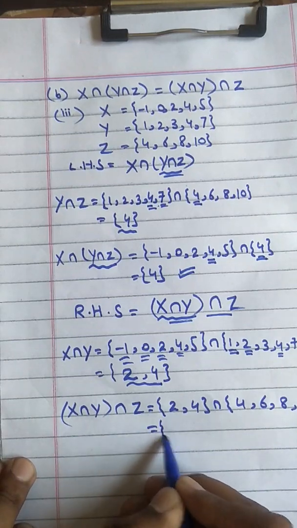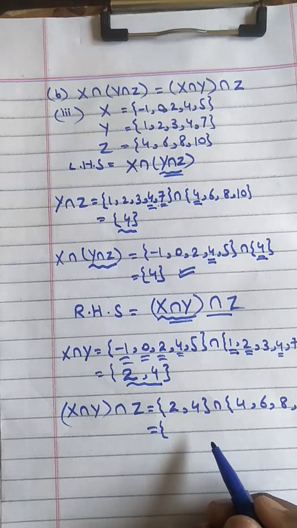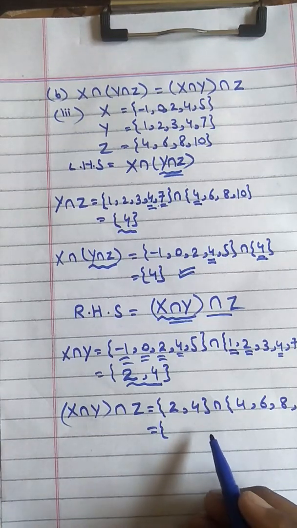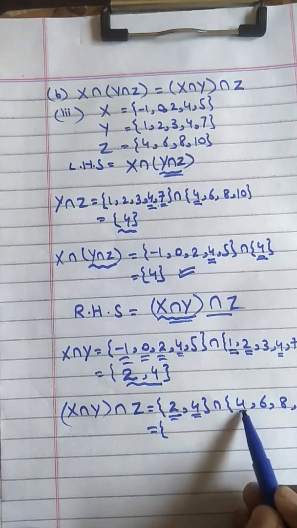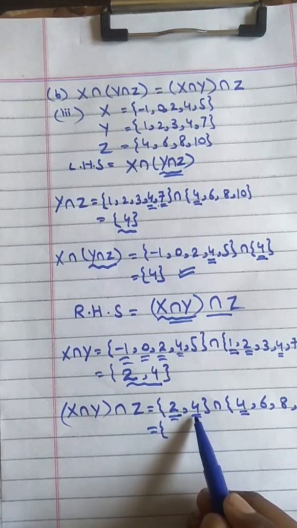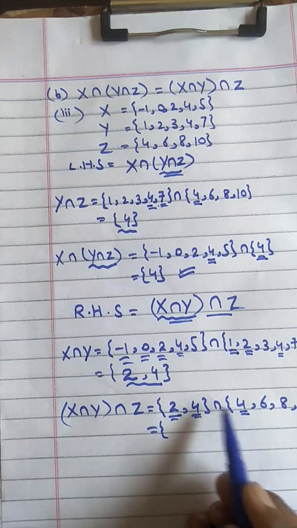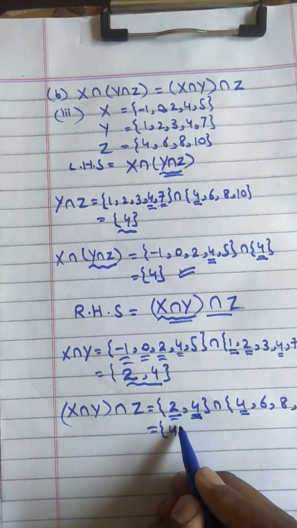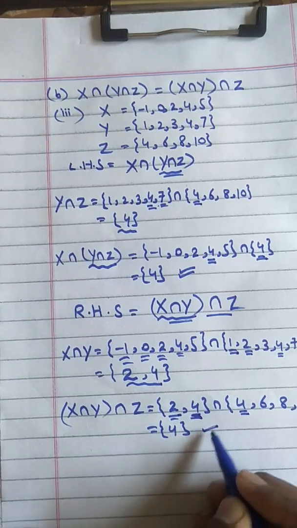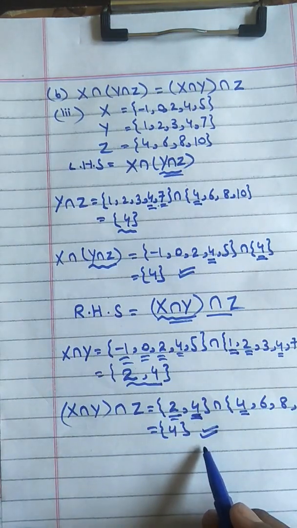You have to write just the members that belong to both sides. So 2 is here, but 2 is not here. 4 is here and 4 is here. Then the set is completed. So only 4 is a member that belongs to both sides. No other member belongs to both sides. So this is your answer for the right hand side. This is the answer for the left hand side, and this is the answer for the right hand side.